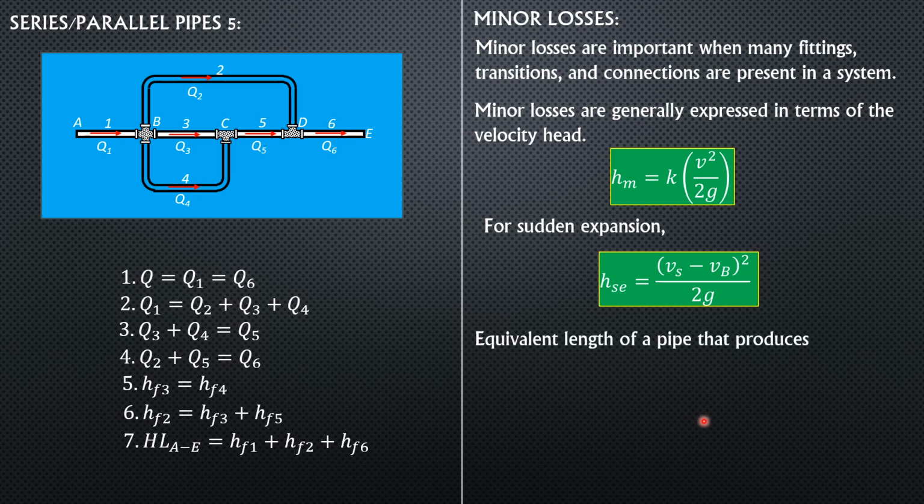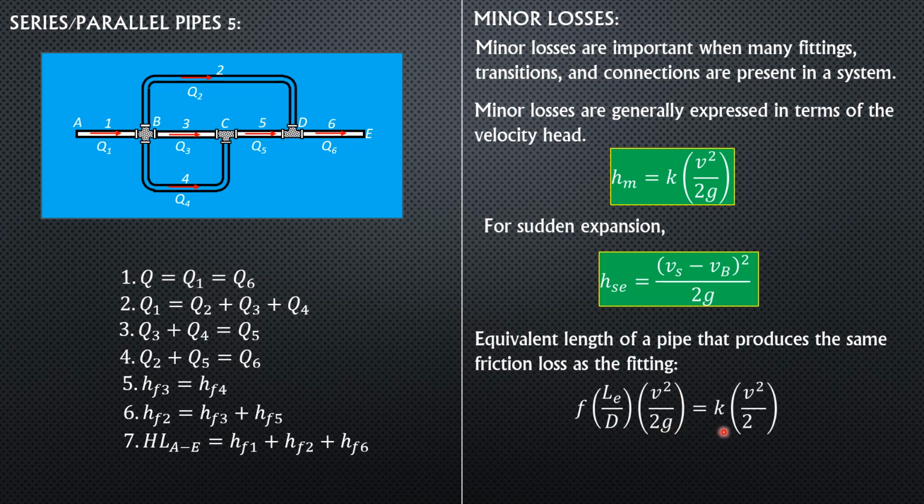Equivalent length of a pipe that produces the same frictional loss as the fitting. All you have to do is equate the friction loss due to the pipe length to the minor loss. So F L equivalent over D times velocity head by Darcy-Weisbach equals minor loss coefficient times velocity head.